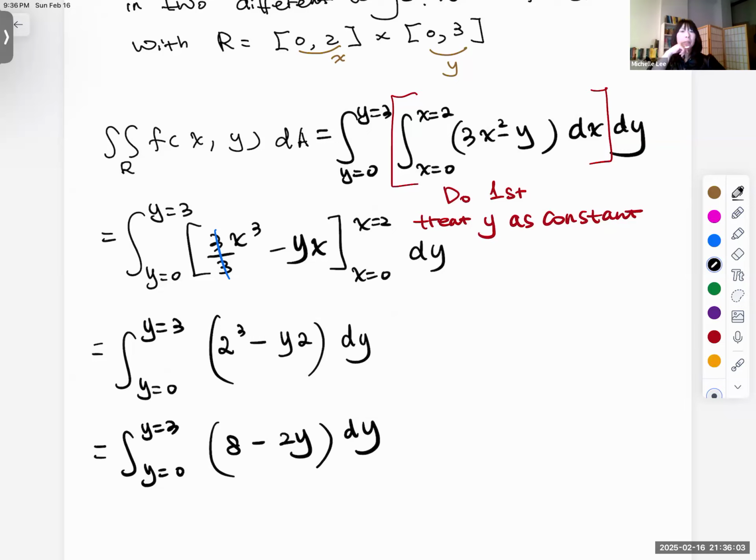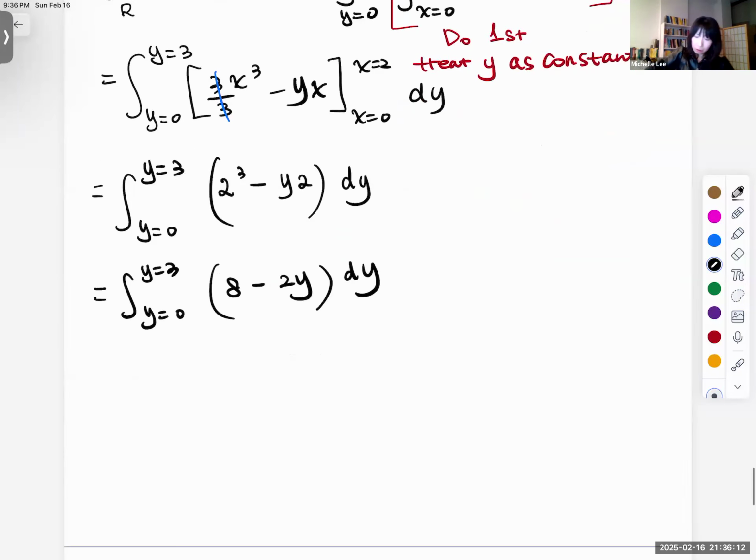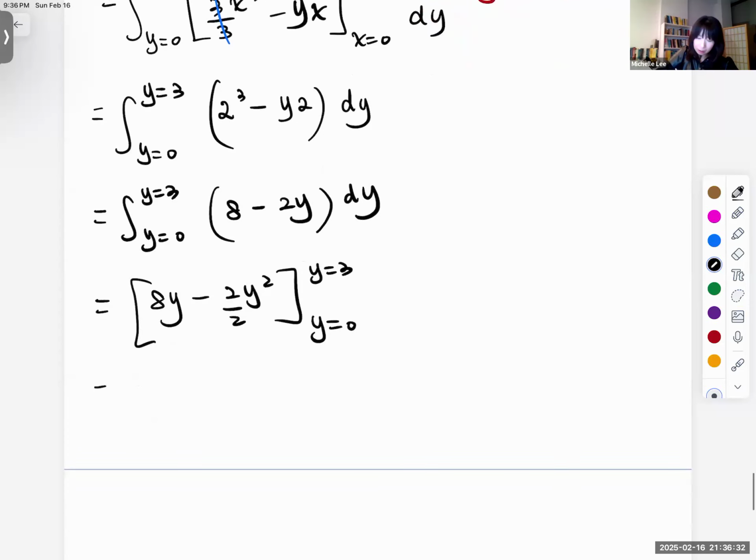Okay. Now we need to integrate with respect to y, right? So the first term, 8y, minus the second term, 2y squared over 2. Then evaluate from 0 to 3.